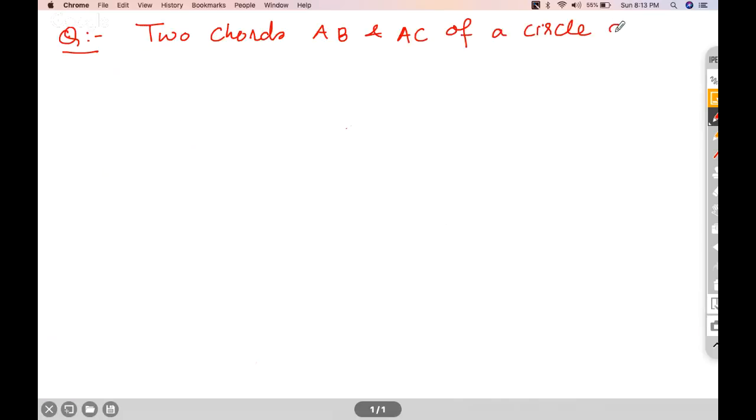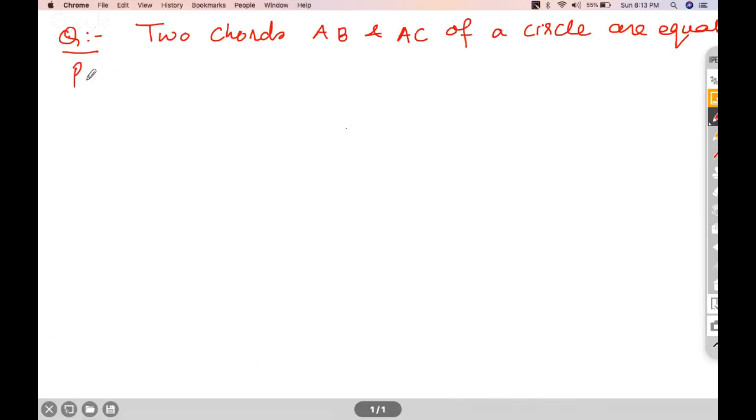The first question which I'm taking is, write down this question. Two chords AB and AC of a circle are equal.